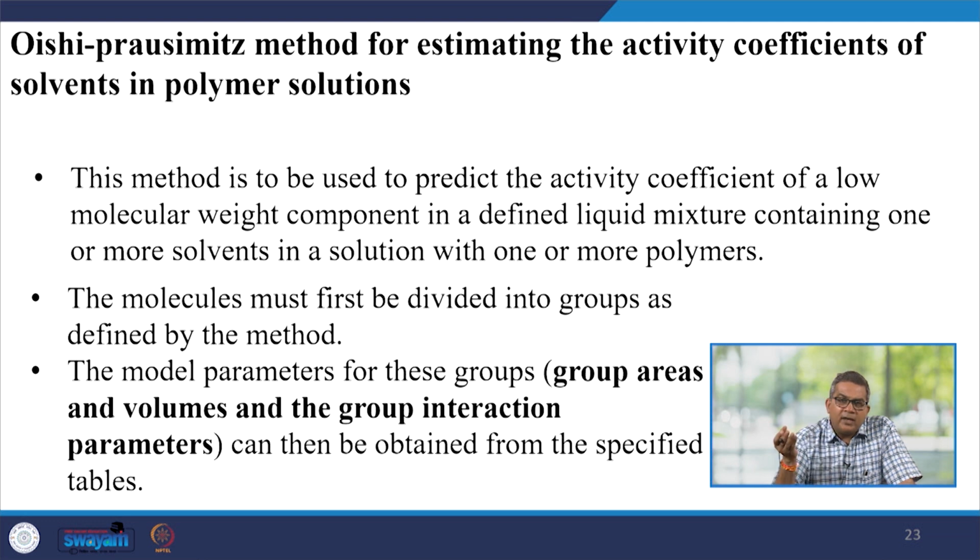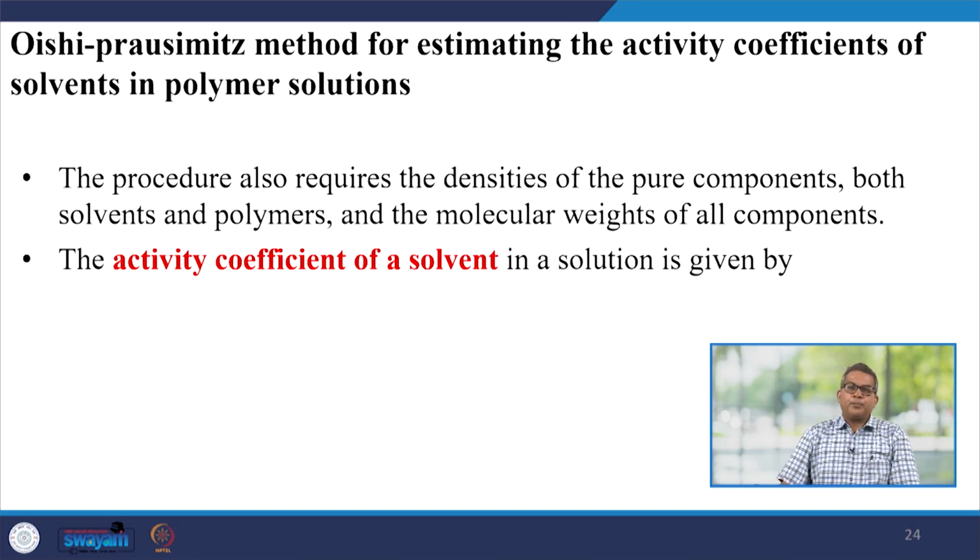or group area, sometimes referred to as a group volume, and the group interaction parameter, can be obtained from specified tables. The procedure also requires the densities of the pure components, both solvent and polymer, and the molecular weight of all components, and the activity coefficient, because ultimately the activity coefficient is needed.